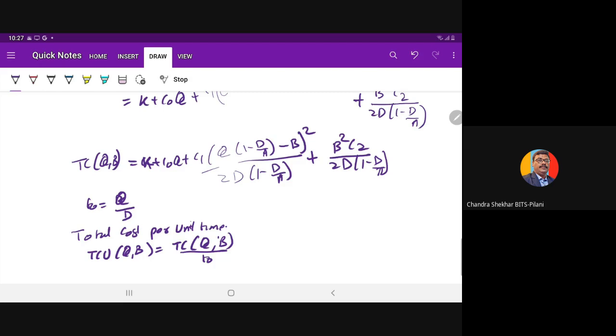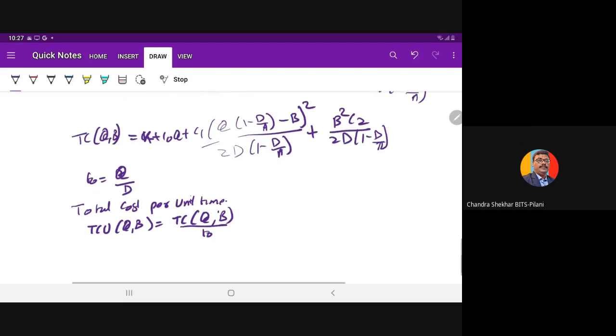That is the total cost per unit time. So when we put it, it is the TC upon Q into D.